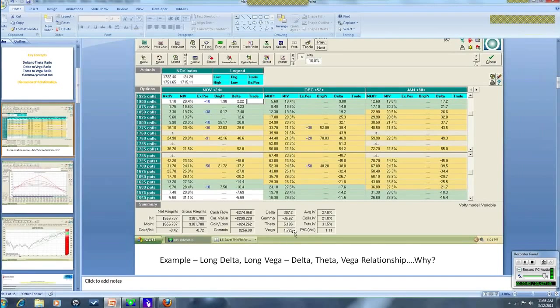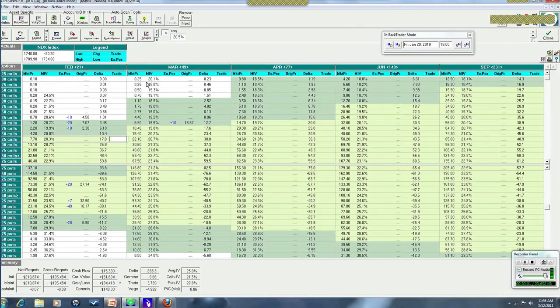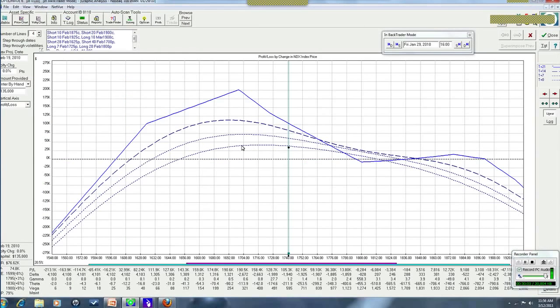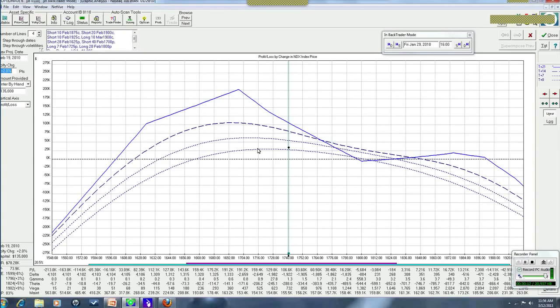What would you call that? The same side of the math. I know, it's eighth grade math, and I can never come up with the word, but I know what you mean. Either both negative or both positive. I started out by showing a positive delta, positive vega trade. Yes. So if you're long delta, you want to be long vega.